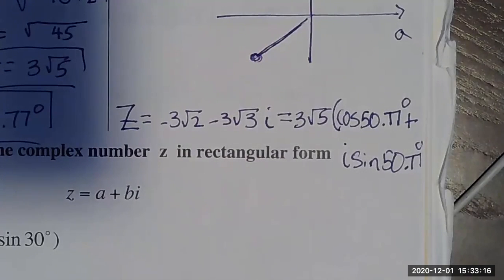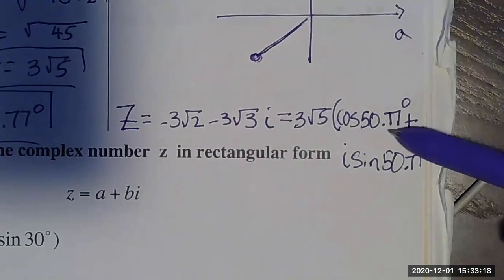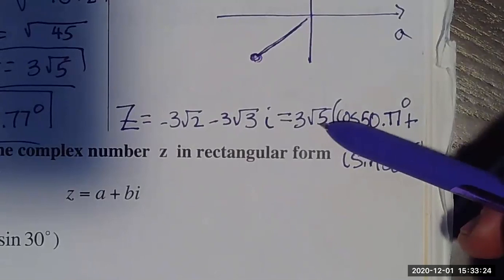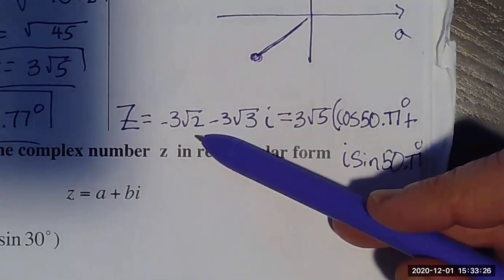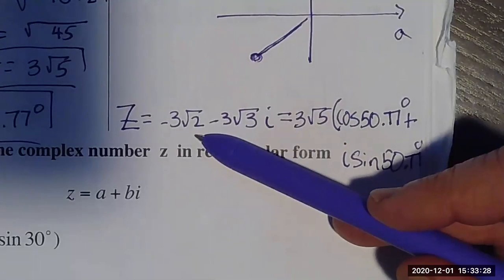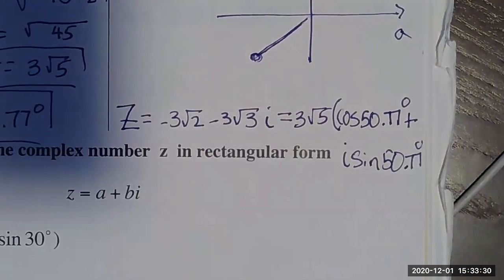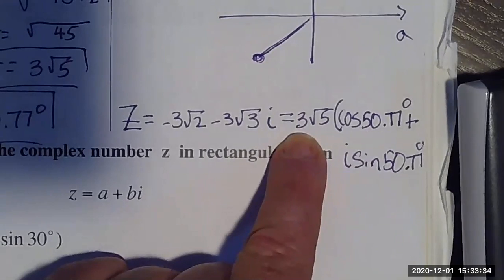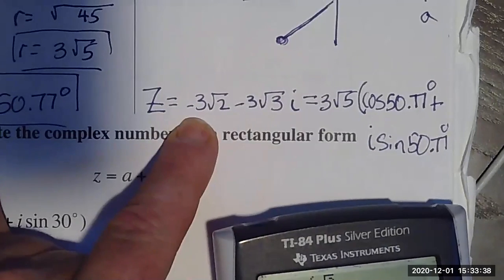Now, the cosine of 50.77 degrees, I claim that if you took that and multiplied it by 3 root 5, you're going to get the same decimal as this. I claim that taking this number, 3 root 5 times the cosine of that, is going to give you the same decimal as 3 root 2 negative.